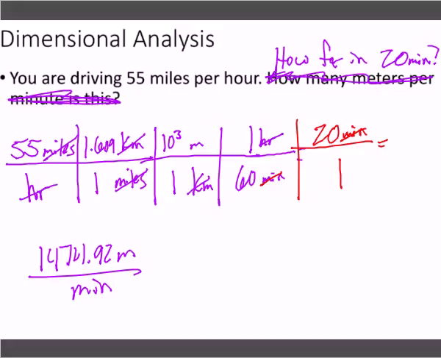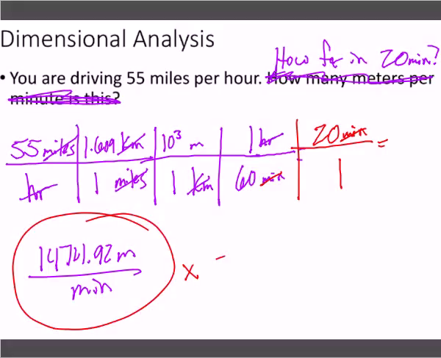This will get you to the same answer, whether you do it like this, or do your math out and then multiply it by that 20 to cancel out. The whole idea, guys, with this process, dimensional analysis, is we look at our units to drive our math to help us set up our fractions to get to our final answer. So, when we multiply 1474.92 times 20, what do we get for our final answer? For sig figs, I got 29,000.